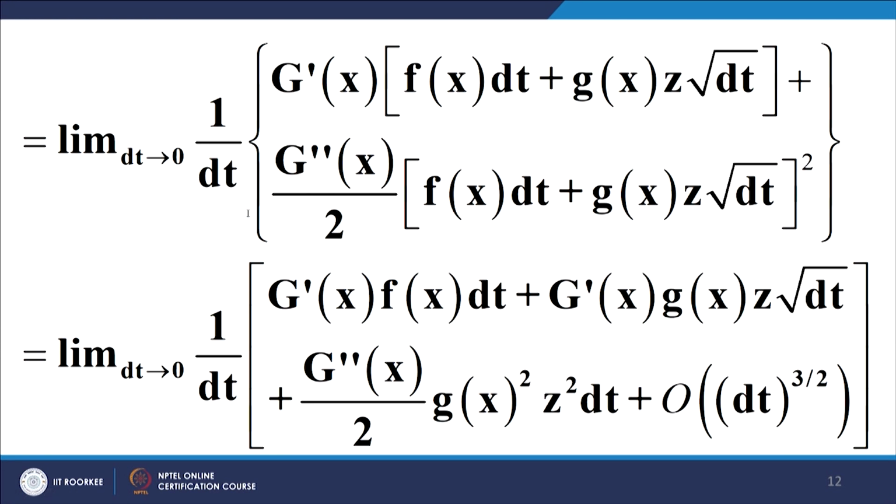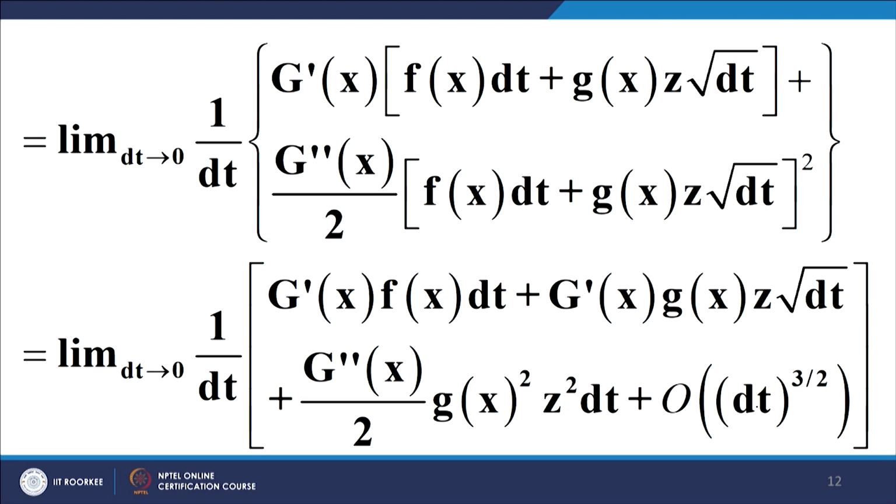We simplify this, and what do we get? g dash of x into f(x) dt plus g dash of x into g(x) z root dt, plus this expression, plus order dt to the power 3 by 2.